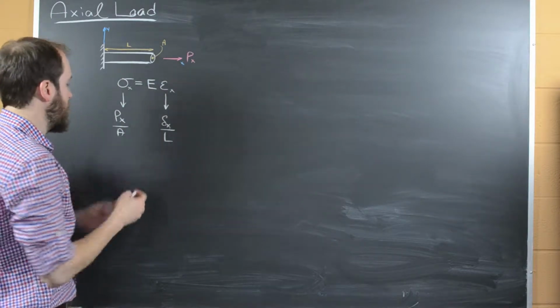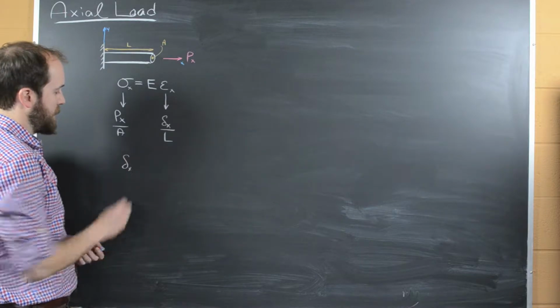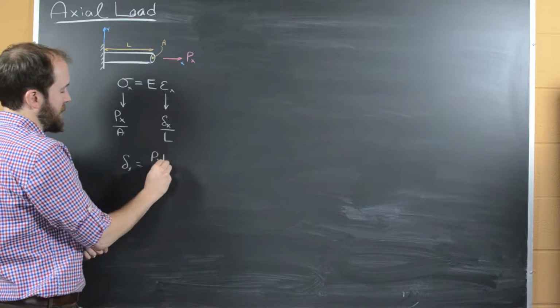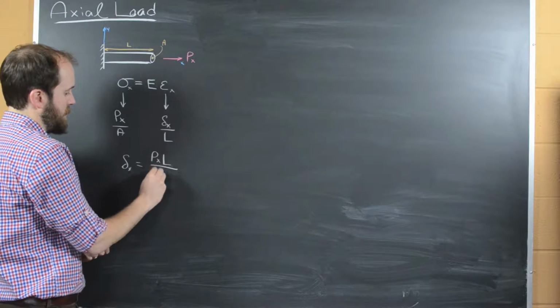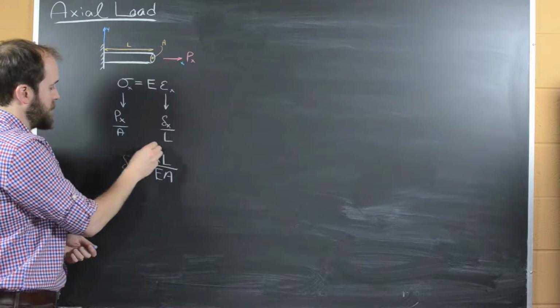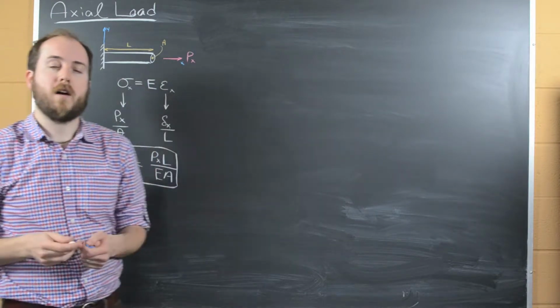And so we can easily rearrange this, and we'll find that the deflection in the x direction is going to be equal to the load in the x direction times the length of the rod over EA. So this is the simplest case, and it just builds off of Hooke's law.